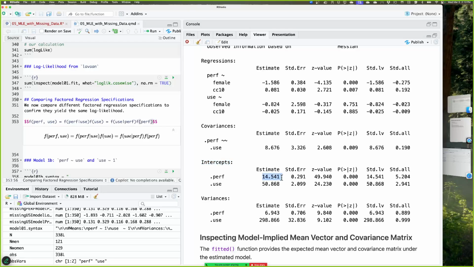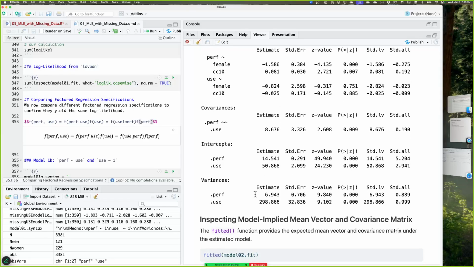This is the expected value of performance when female is 0, or otherwise a male is giving the test, and a person who has 10 credit hours of college credit. They would get 14 points, right? Turns out females are 1.5 points lower than males on this performance test for whatever reason. Right?